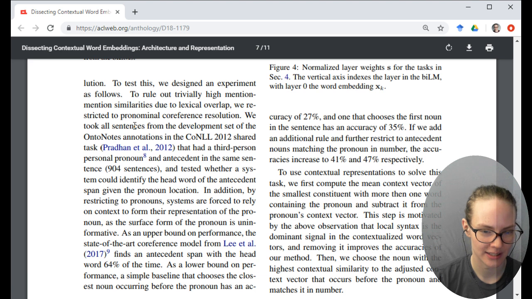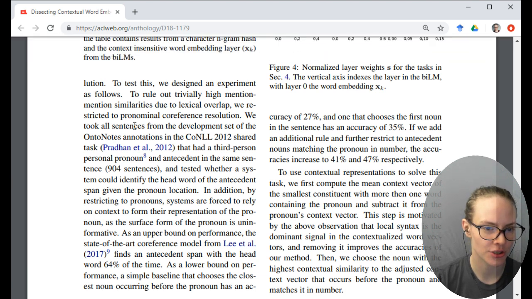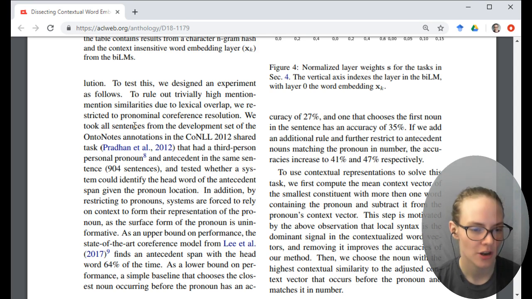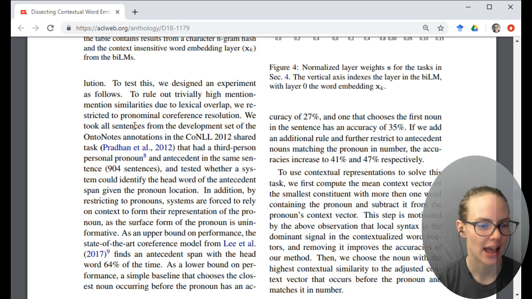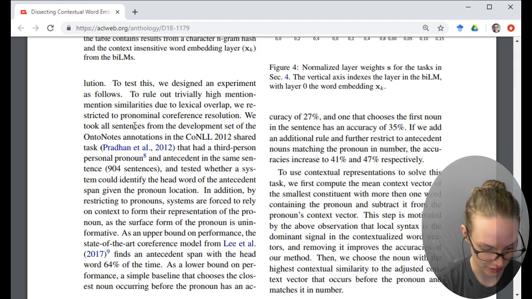We took all sentences from the development set of the OntoNotes annotations in the CoNLL 2012 shared task, Pradhan et al. 2012, that had a third-person pronoun, so his, hers, its, with an antecedent in the same sentence: 904 sentences. We tested whether a system could identify the head word of the antecedent span given the pronoun location, so the first word of the span.